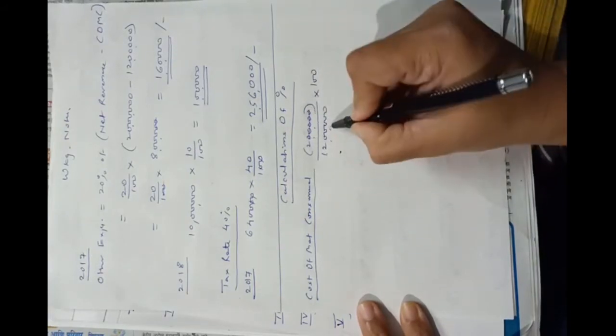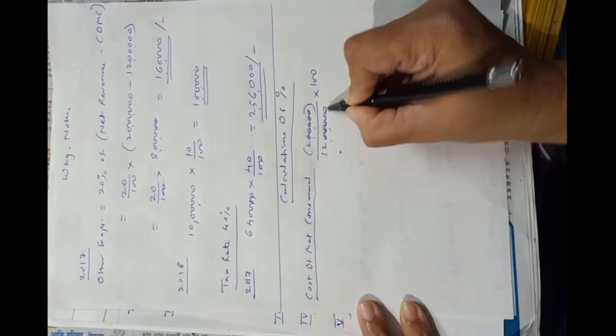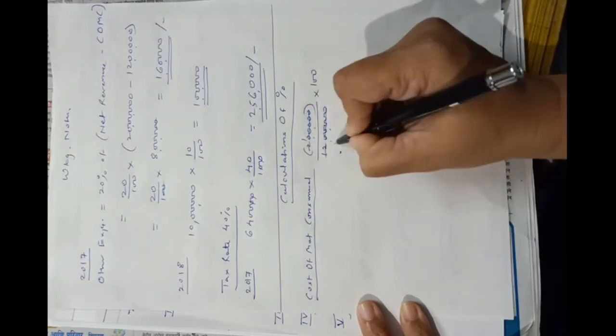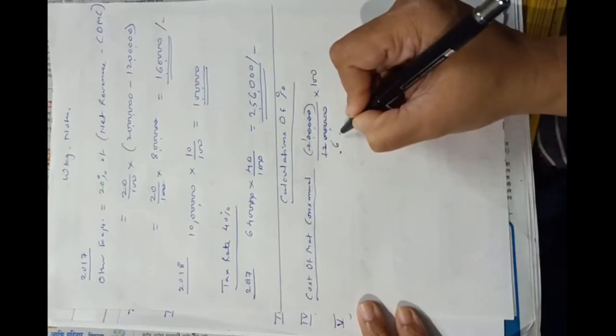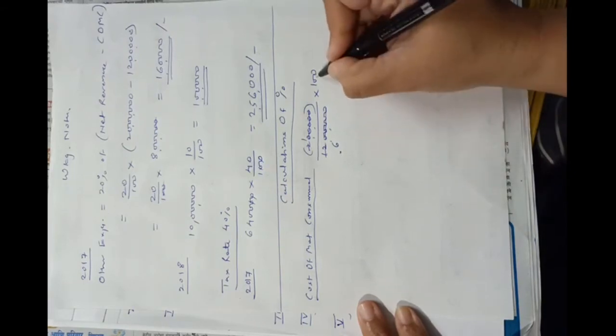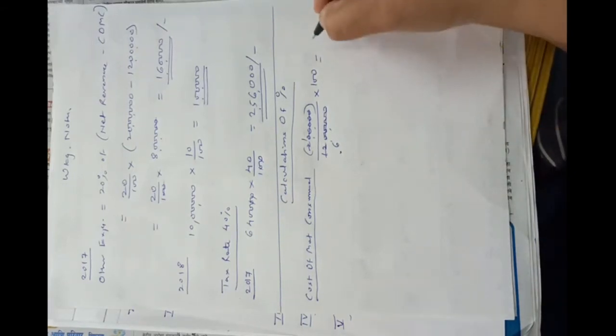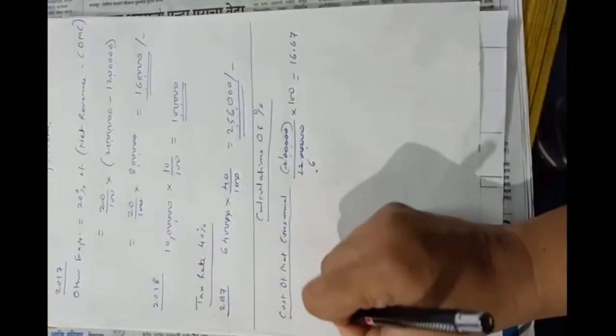These 5 zeros will be cancelled against these 5 zeros. 2 ones are 2, 2 sixes are 12, and now 100 divided by 6, so it is 16.67%. Now other expenses.